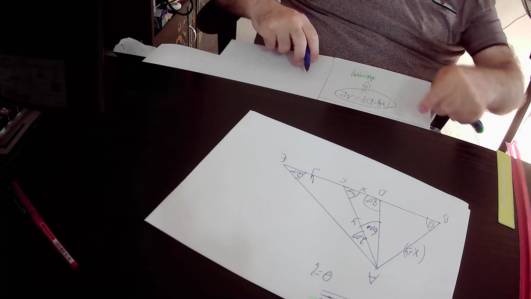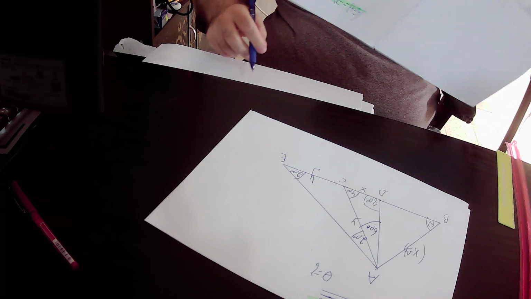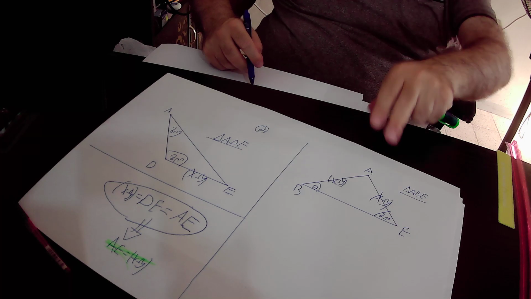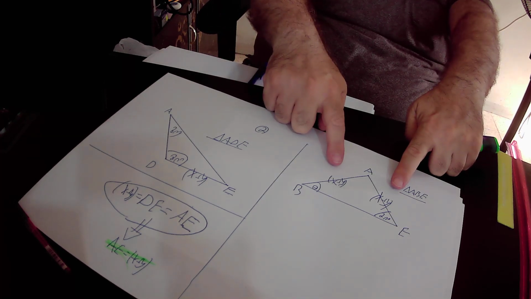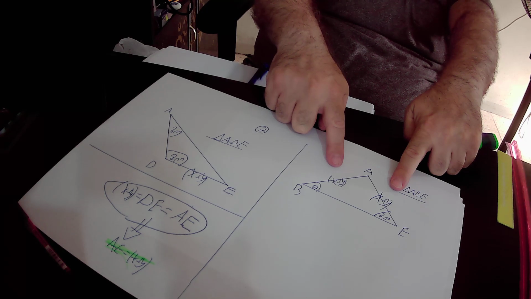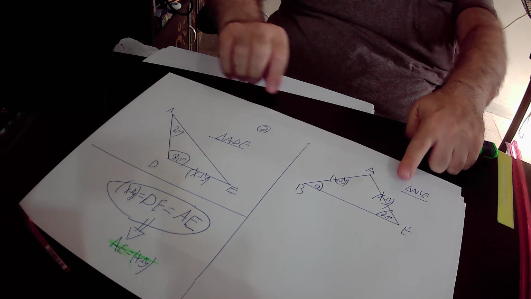So this is triangle ABE that I copied from the original drawing. Those two sides are both equal to X plus Y, therefore they are equal to each other.